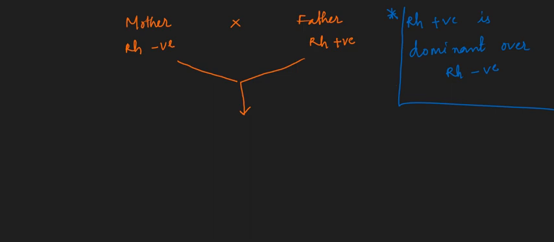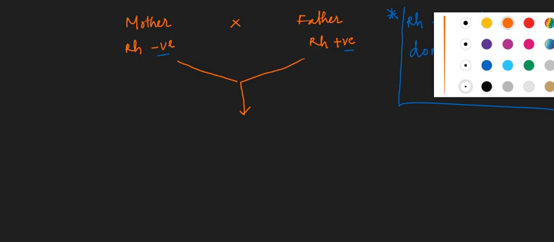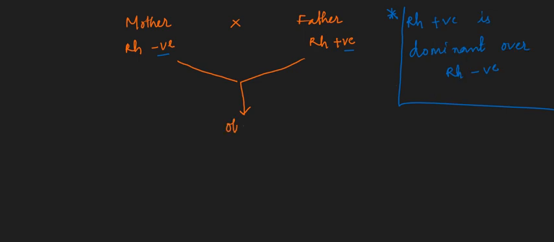So what about the consequences? The dominant will always express, in a homozygous or heterozygous condition. So if the mother is Rh negative and the father is Rh positive, what will be the blood group of the offspring?